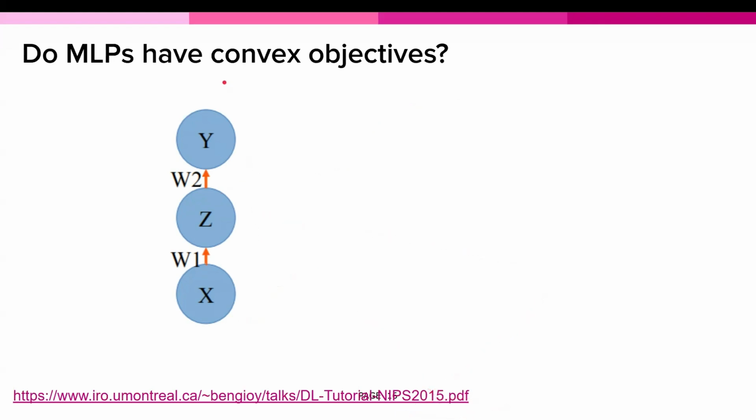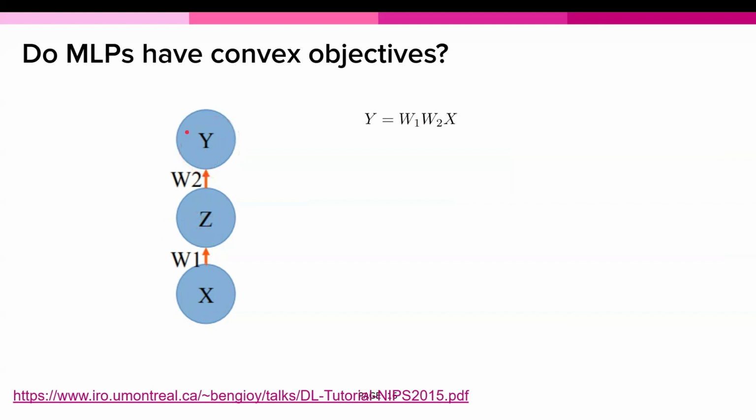In his talk, he had a network with just one input X and one hidden layer Z, and then an output Y. So there's just one input feature, one neuron in the hidden layer, and then a single output.